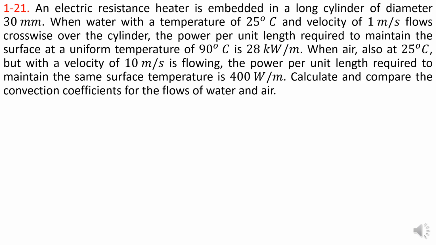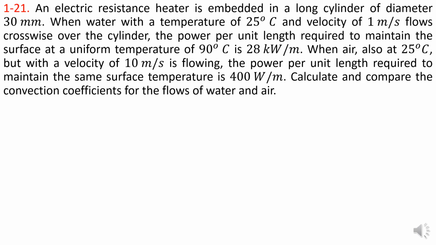Now the next problem is problem 1-21 of our book, Incropera and DeWitt's 7th edition, and it states that an electric resistance heater is embedded in a long cylinder of diameter 30 millimeter. When water with a temperature of 25 degrees centigrade and velocity of 1 meter per second flows cross over the cylinder, the power per unit length required to maintain the surface at a temperature of 90 degrees centigrade is 28 kilowatt per meter.